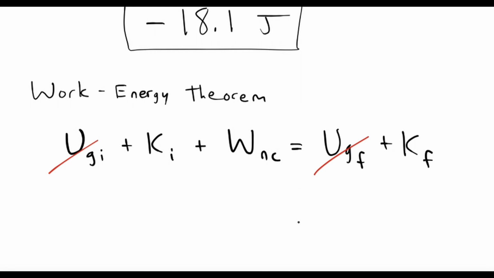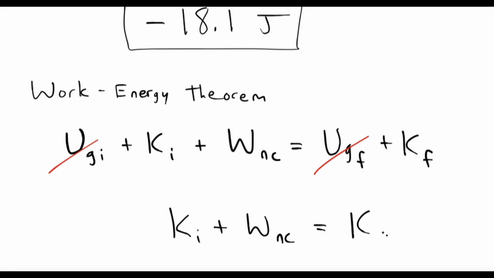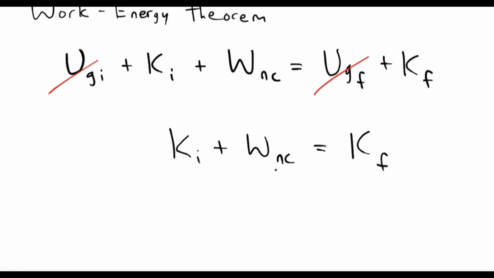It's not going up in height. It's not going down in elevation either. So I wouldn't even include those terms. I'd just stick to this. Now the non-conservative work would be done by the guy and the floor. Those are both called non-conservative forces.